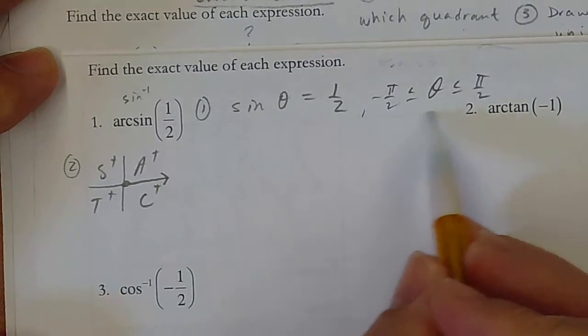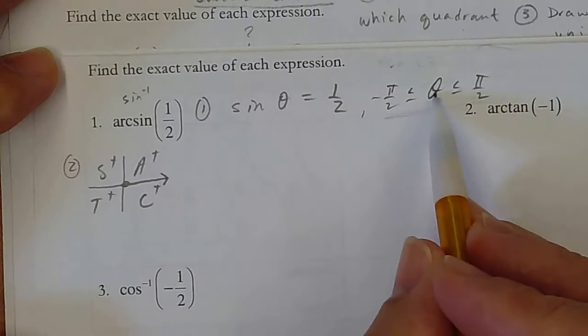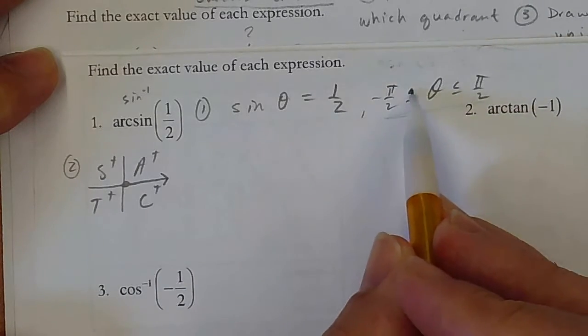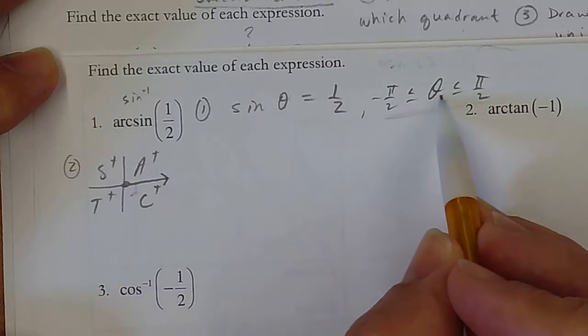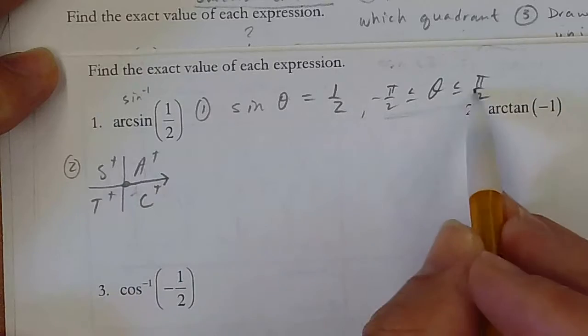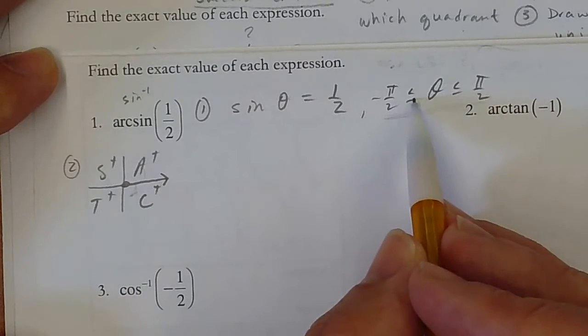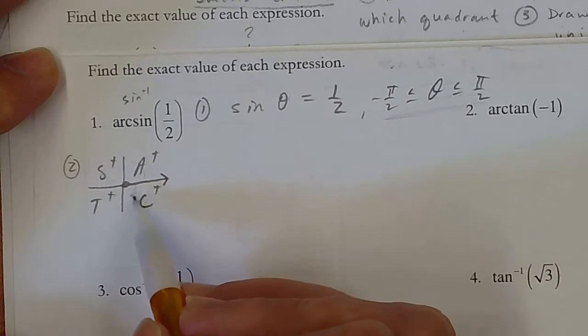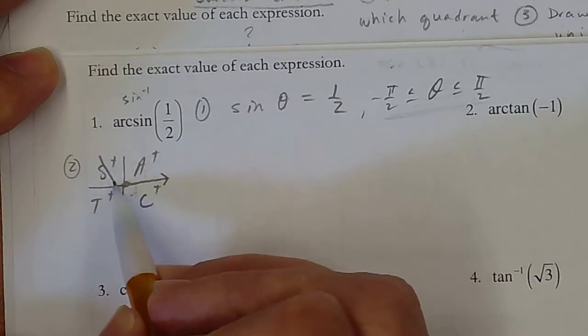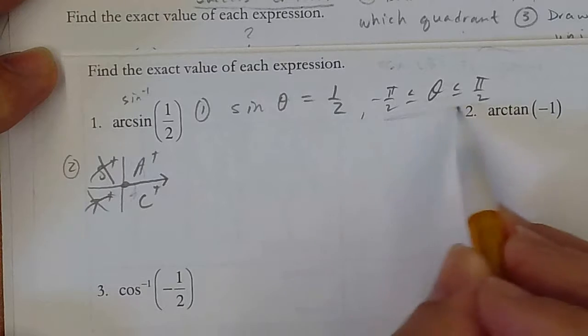This narrows it down to 2 quadrants right away. So I'm starting at 0. It could rotate down to negative 90 or negative pi over 2, or all the way up to positive 90 or anywhere in between. Okay, that's what inequality means, right? This range of values. So theta could be in the 4th quadrant or up to the 1st, but these are out just based on the inequality.